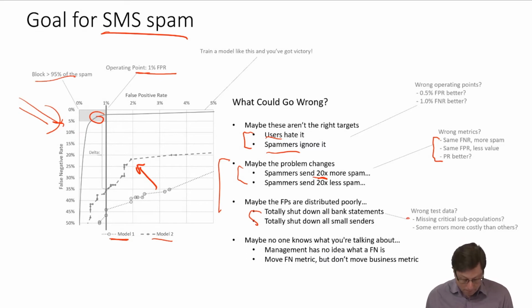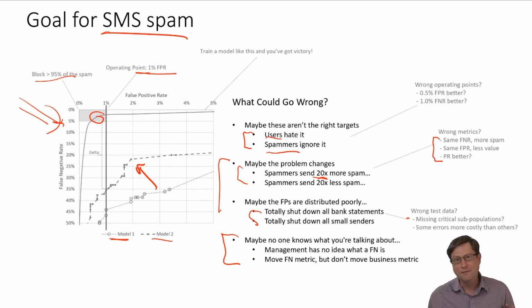Another problem is that maybe no one knows what the heck you're talking about. There are so many different words for talking about machine learning things, and there's so much incentive for people to not seem like they don't know. So you can bamboozle people with this false positive, false negative technical term stuff, and they'll be like, yeah, sure, whatever.